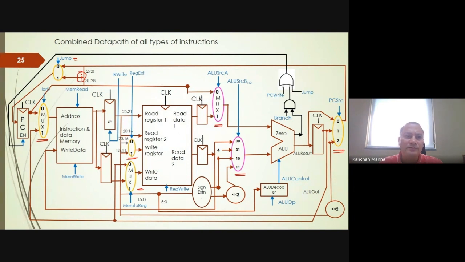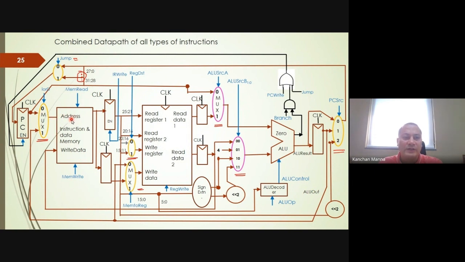Okay. Now, if you remember this one, we had this. So this is the memory, and memory is getting the address from the PC when we want to fetch the instruction. Also, in this case, we have only one memory.